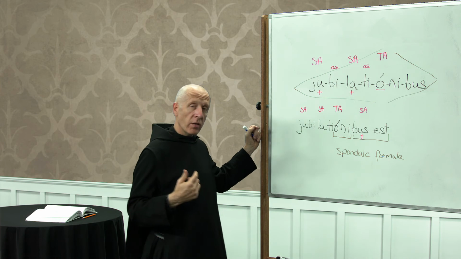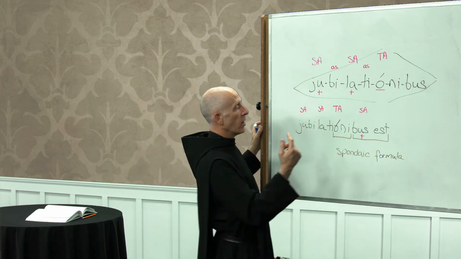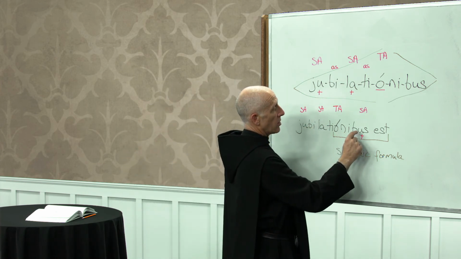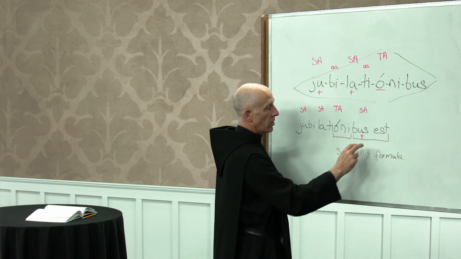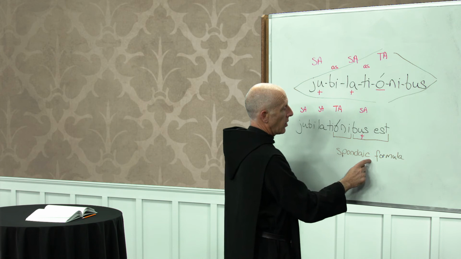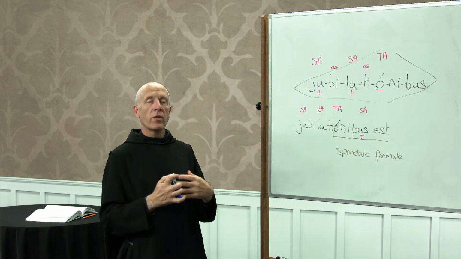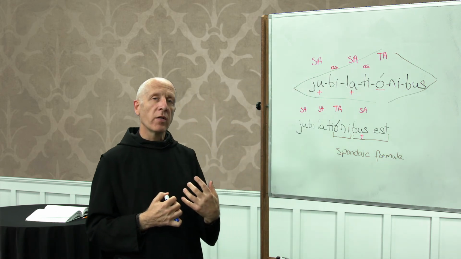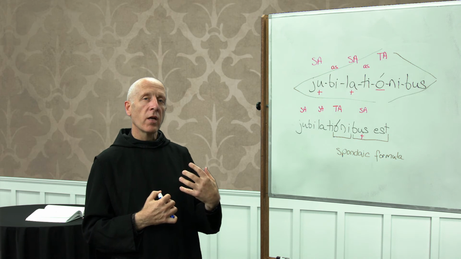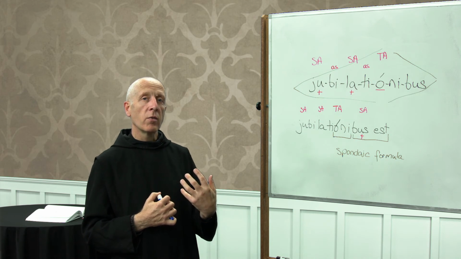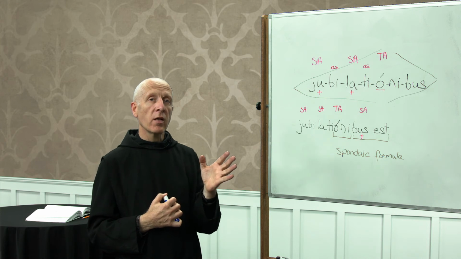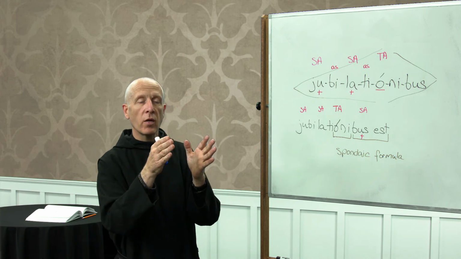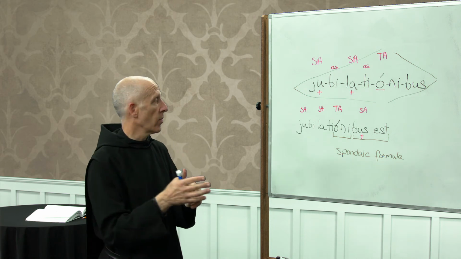The other instance of a spondaic formula is when the accent is a secondary accent. This is a secondary accent with another word. And this, again, enters into the category of spondaic formula. So in brief, a spondaic formula is anything that is accentuated like a spondee, which isn't a spondee. That doesn't begin with a tonic accent and end with another syllable that completes the word.